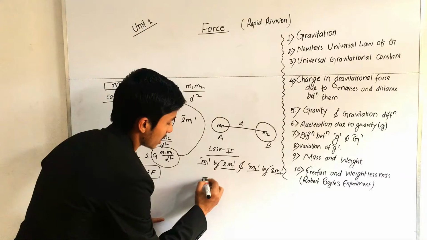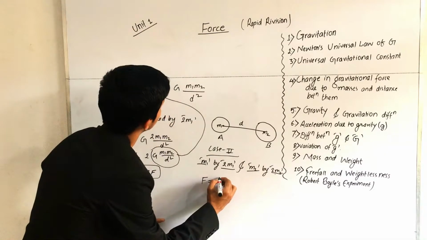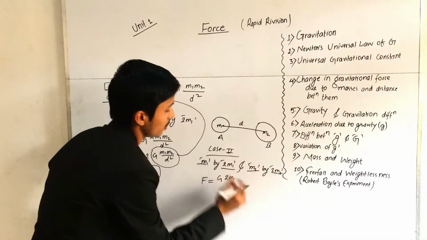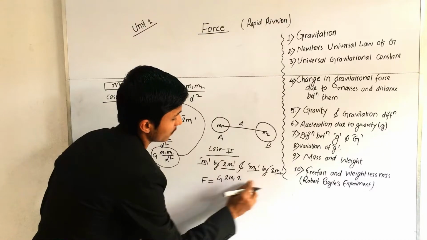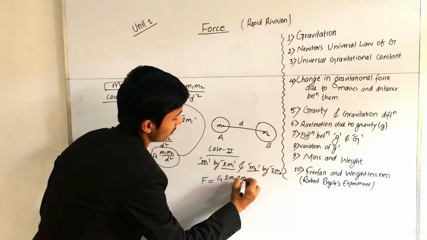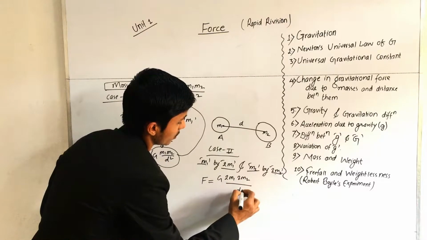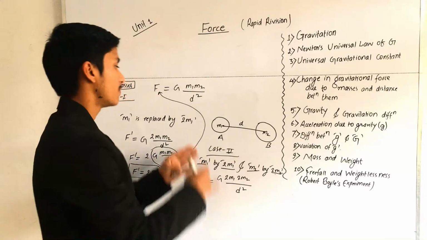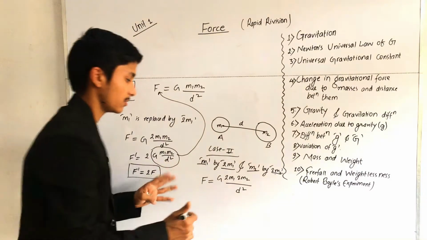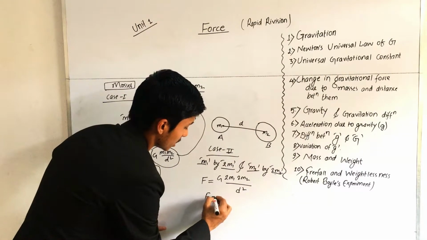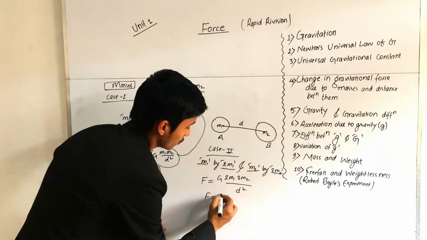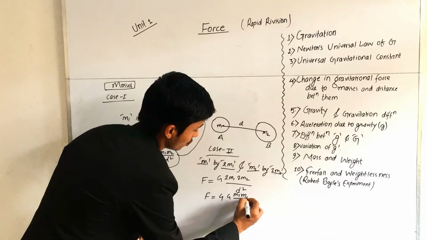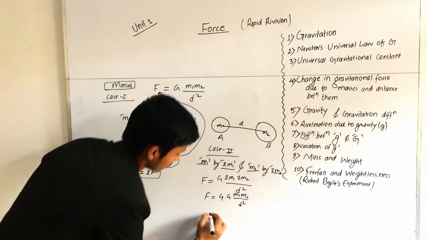So we can write F is equal to G, instead of m1 we write 2m1, and instead of m2 we write 2m2, by d square. Here distance is constant, only variation in mass is taking place. So F is equal to 2 into 2, 4, G m1 m2 by d square.